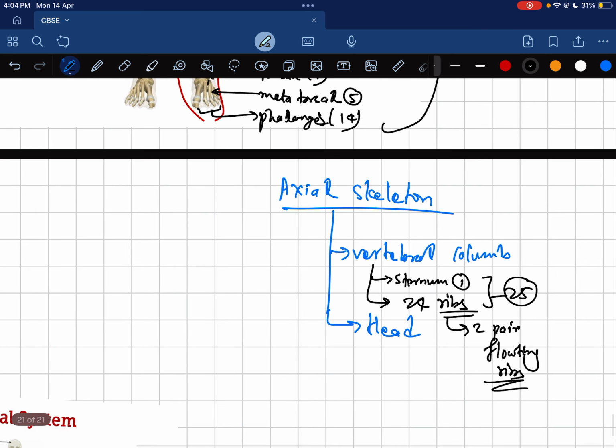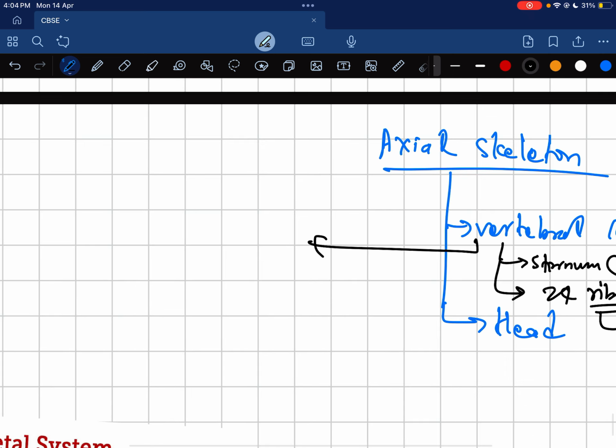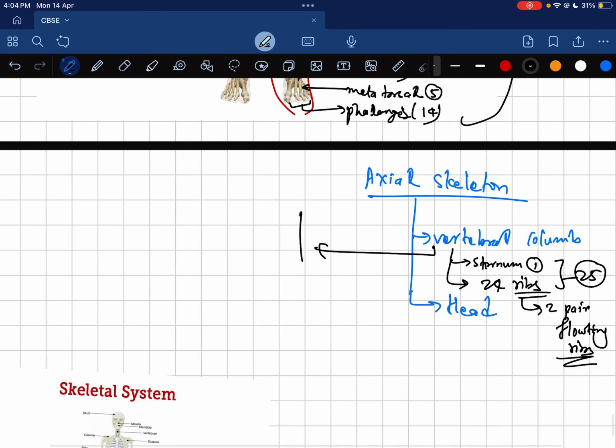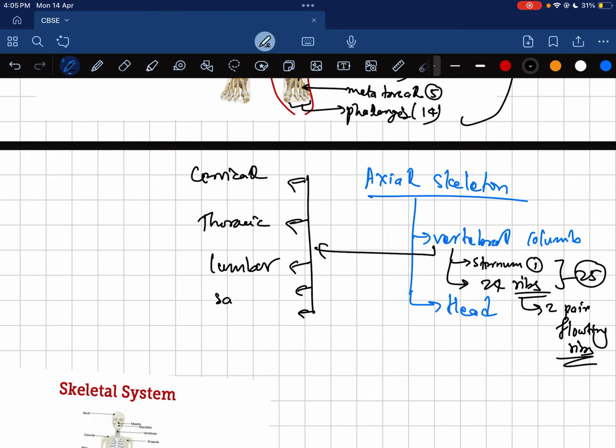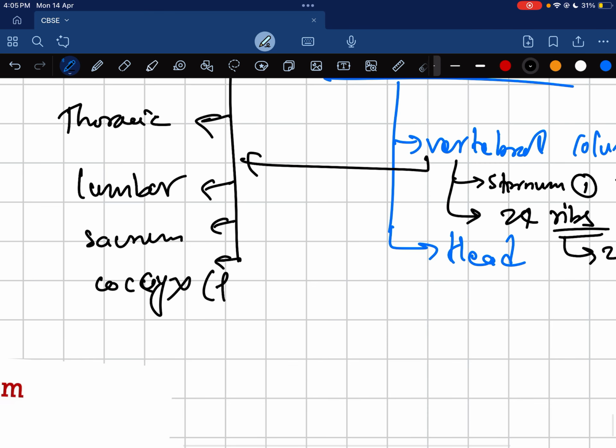When we discuss the vertebral column, I am going to draw it here. The vertebral column is divided into the atlas, cervical vertebra, thoracic vertebra, then lumbar vertebra, then sacrum and coccyx. The coccyx is a fused bone, with 4 bones fused.